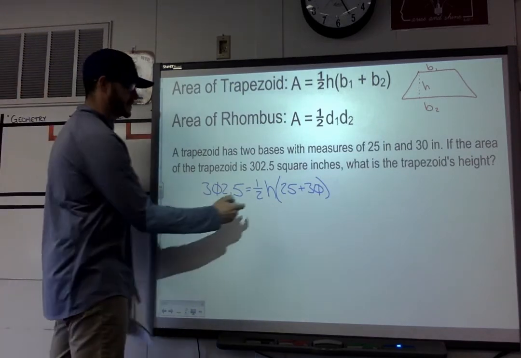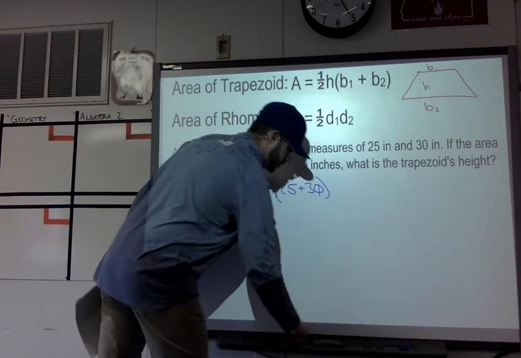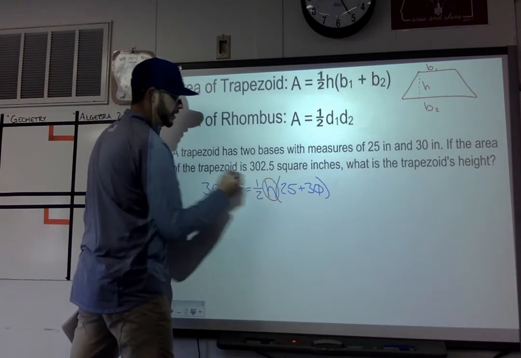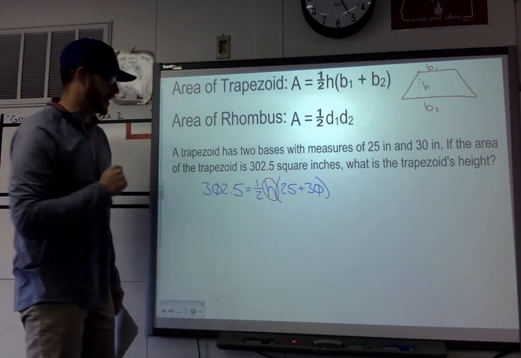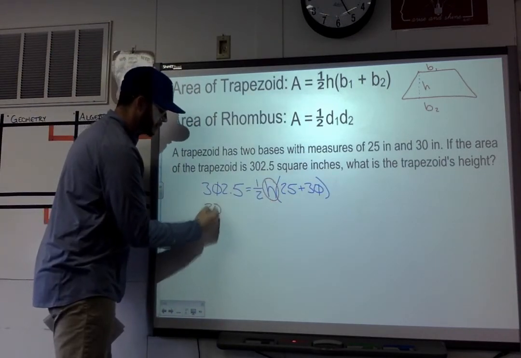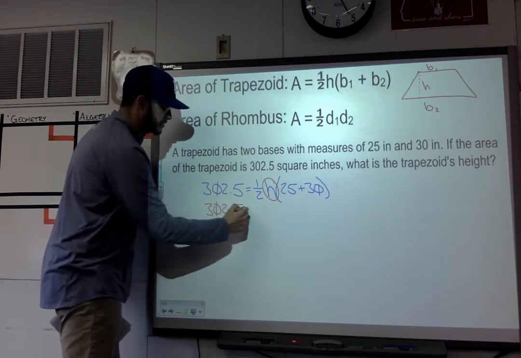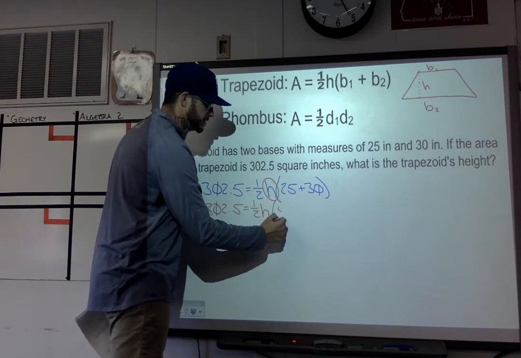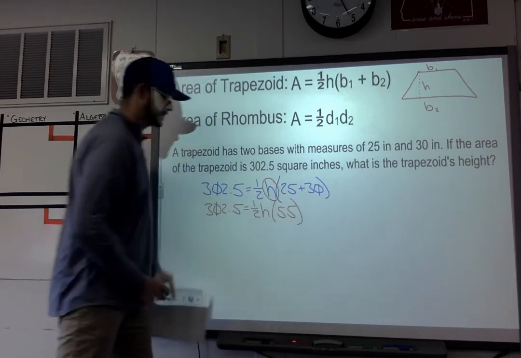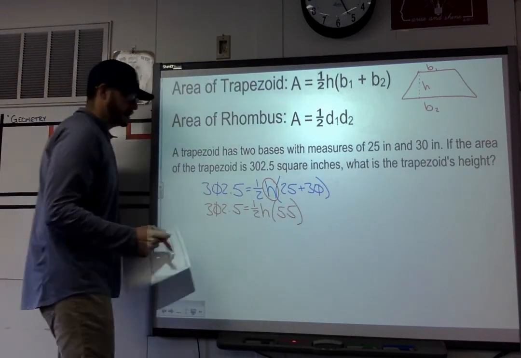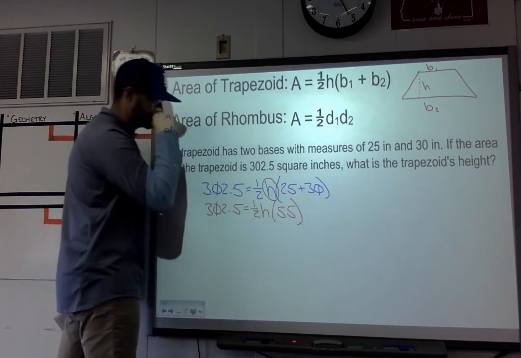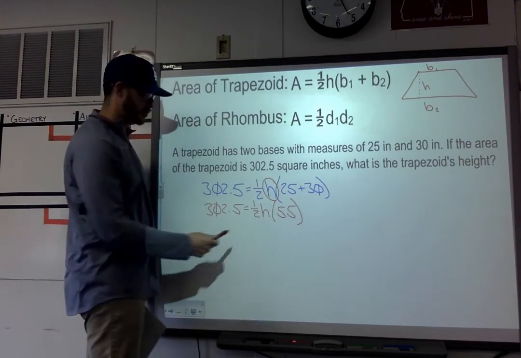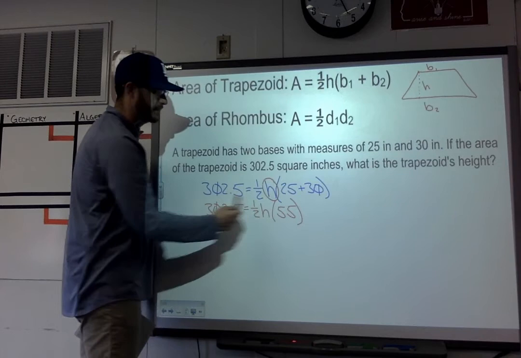So now we need to solve for our h to get the height of our trapezoid. So one step at a time here, 302.5 is equal to 1/2 h times 55.